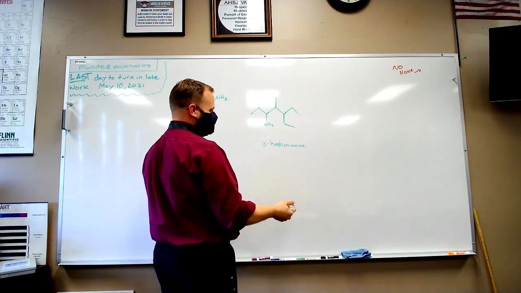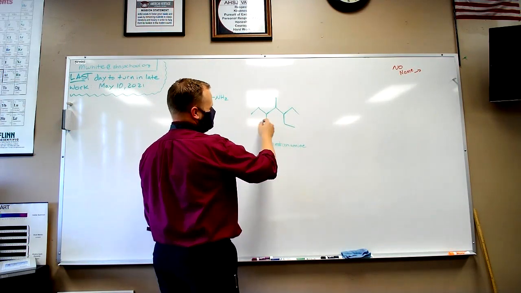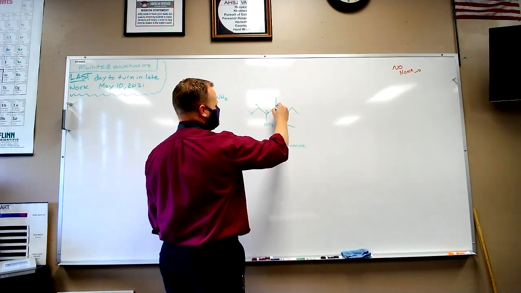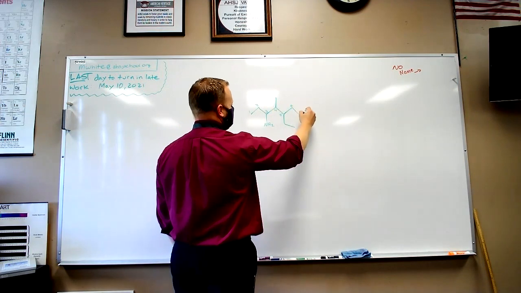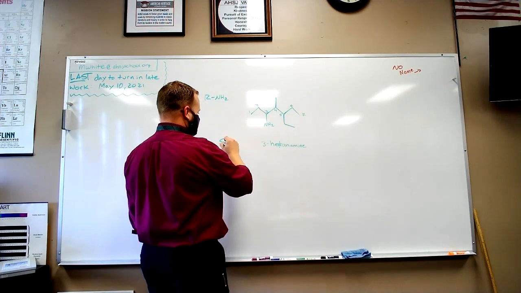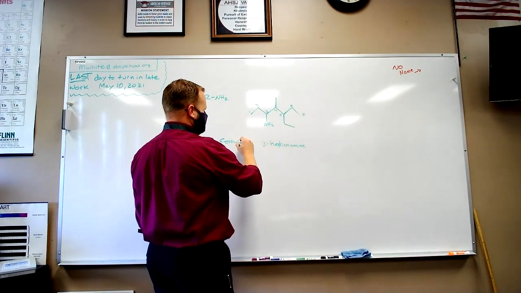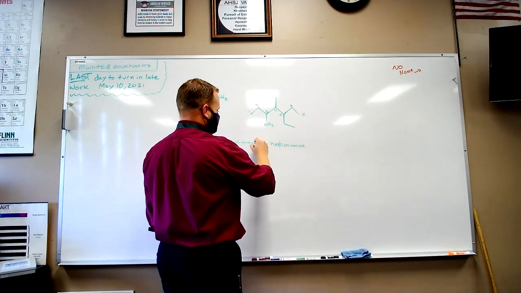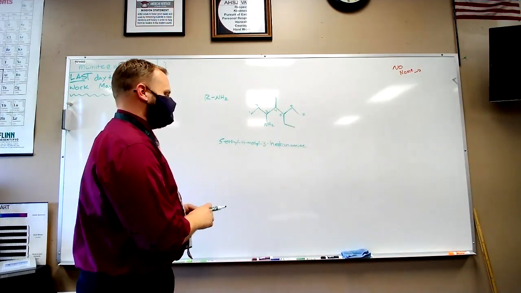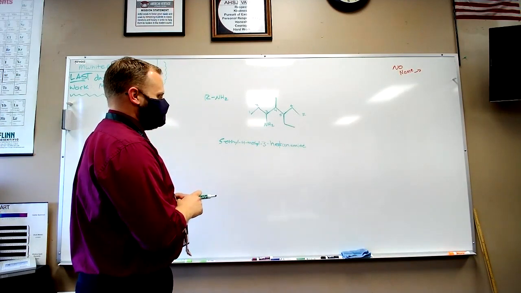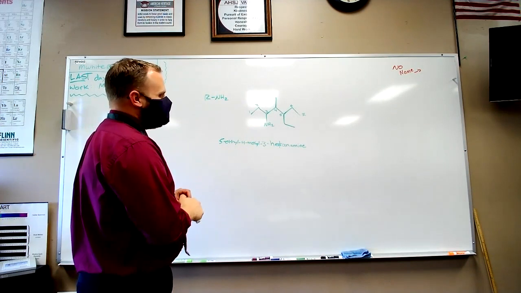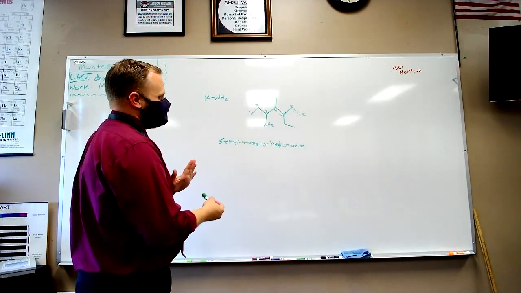The only difference is when we're numbering them, the functional group is what matters. So just like with our double bonds. But everything else stays the same. So this is going to be 5 ethyl 4 methyl 3 heptane. So just because you will see branches like that.